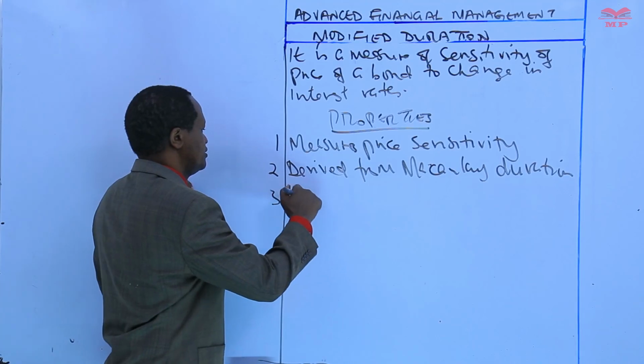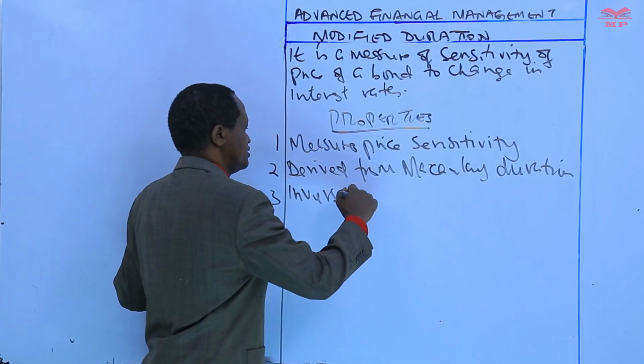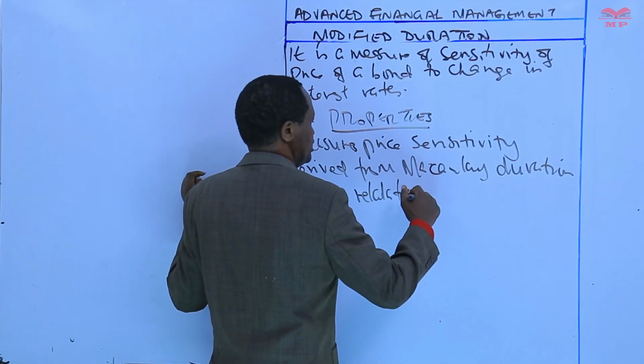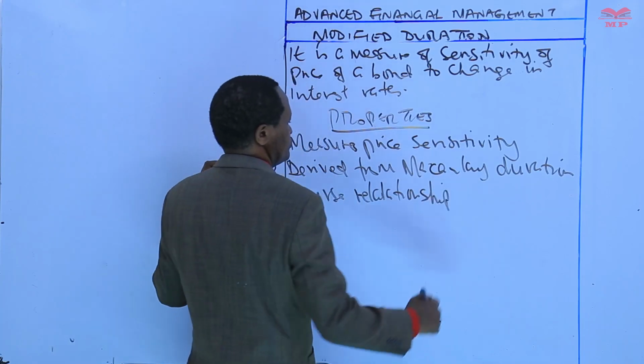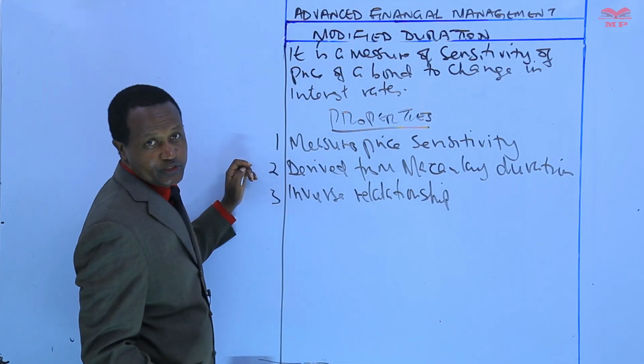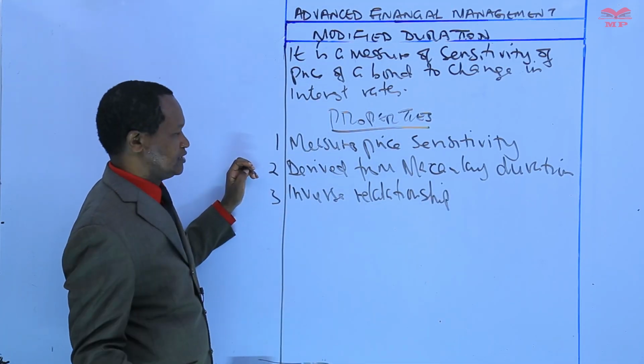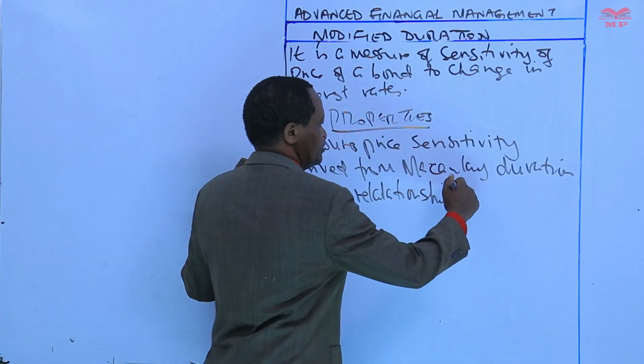3, inverse relationship. There is an inverse relationship with yields.